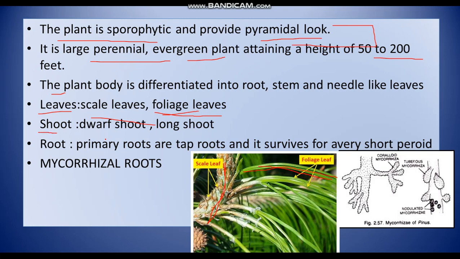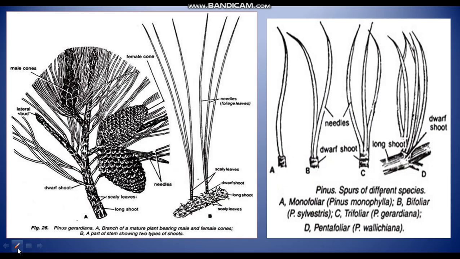Shoot is of two types, dwarf shoot and long shoot. We can understand this point from this diagram, you can see that there is a long shoot and there is a dwarf shoot.